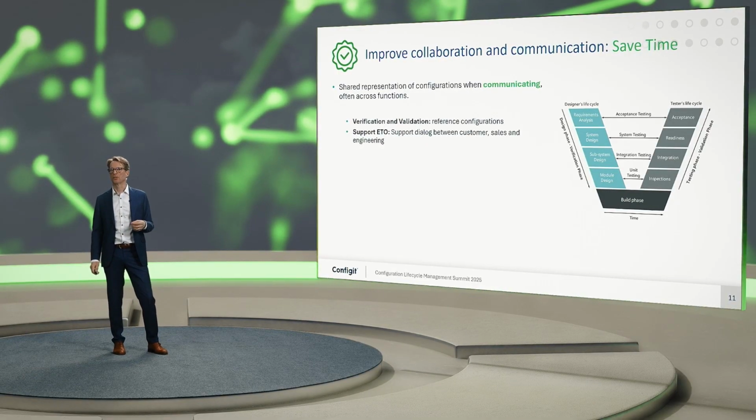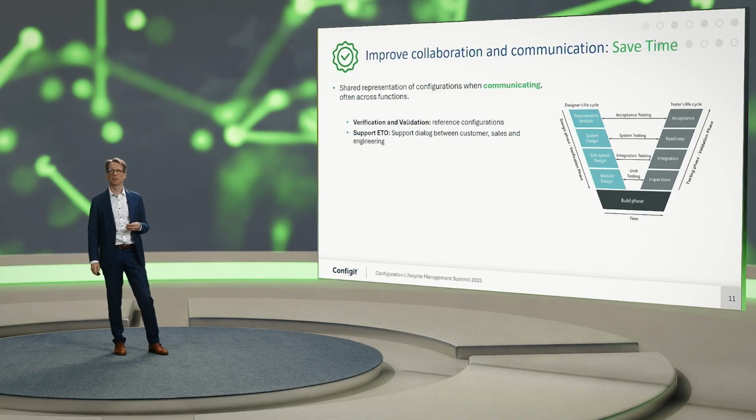And in that dialogue, it's very useful to be able to reference back to the configurations in a shared way, so that the CPQ tool and the PLM system share the same view of what it is that has been offered to a certain customer.